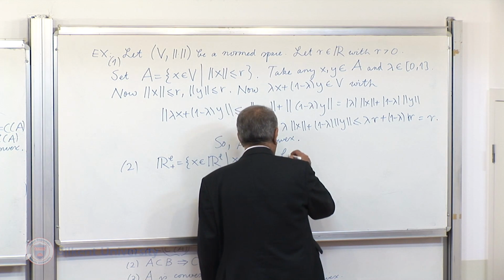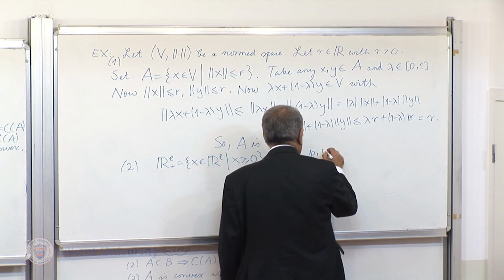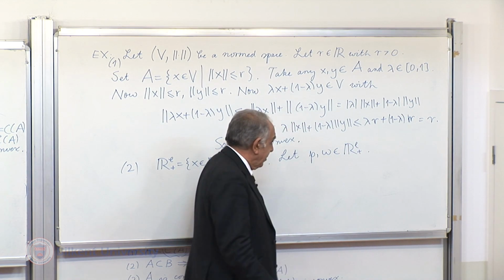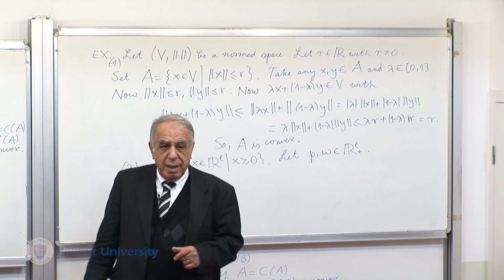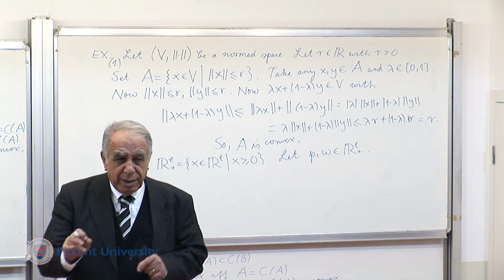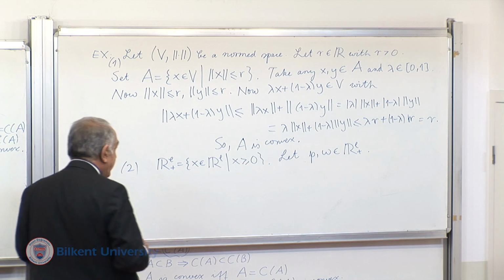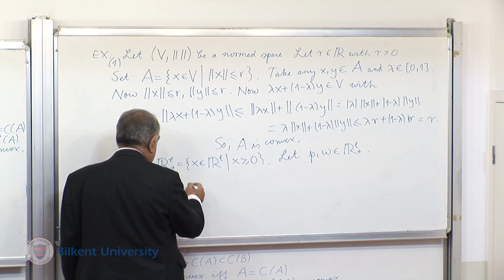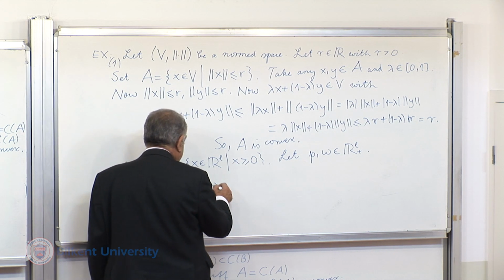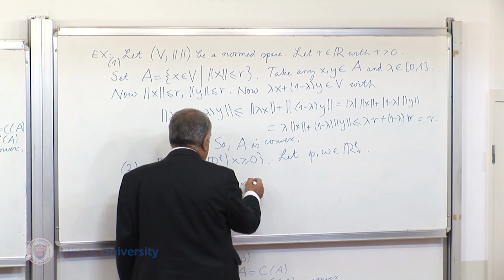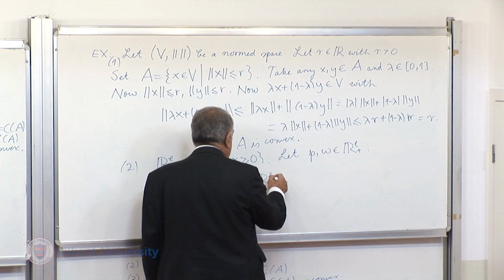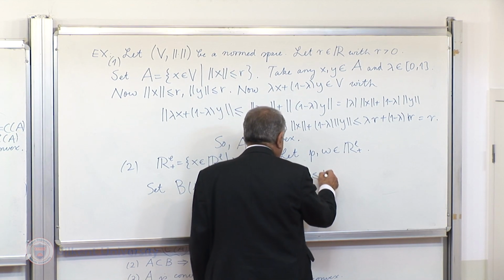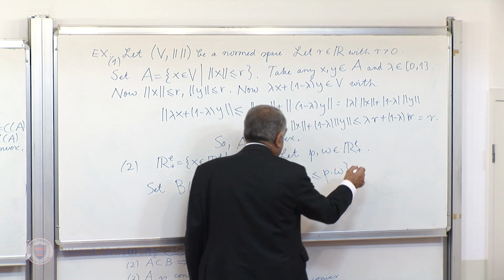Now let P and omega be two members of R^L_+. We sometimes take P in R^L_++, such that all components are positive. Set B(P, omega) equal to the set of all x in R^L_+ such that P dot x is less than or equal to P dot omega.